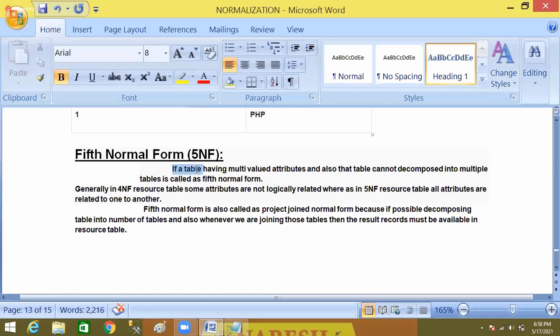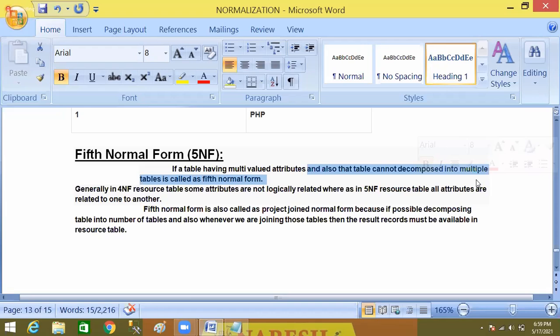If a table has multi-valued attributes, and also the table is not decomposed into multiple tables. That table is one in which you have more than one multi-valued attribute column. So what does it mean not to decompose?